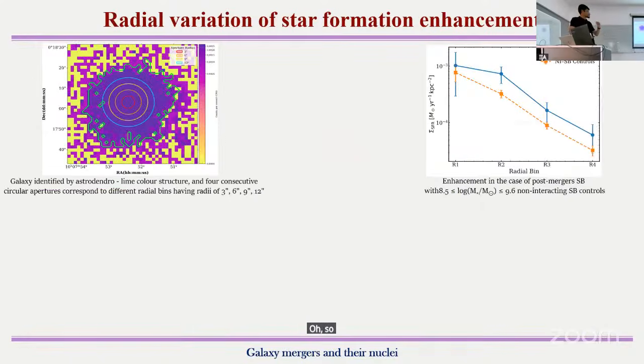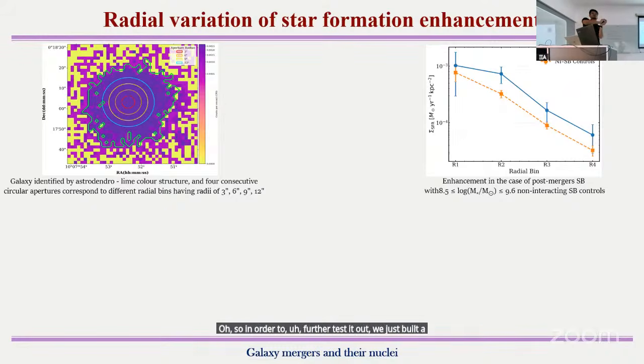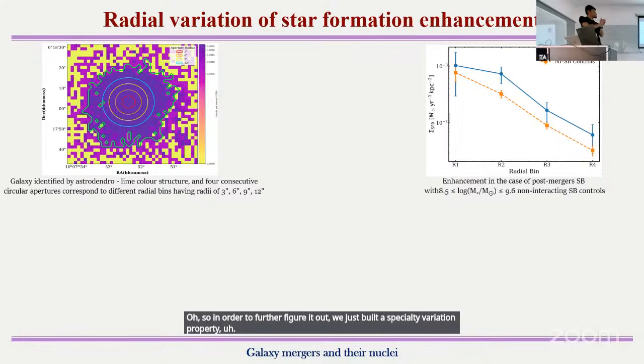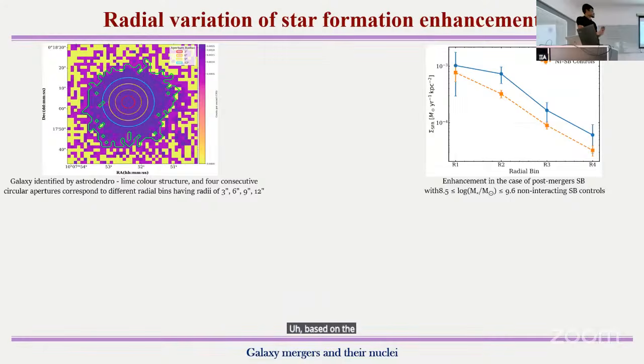In order to further figure it out, we looked at the spatial distribution of star formation in the galaxy. We divided our galaxy into different regions based on the galaxy resolution, of course.